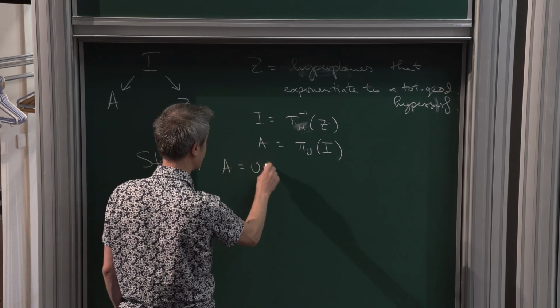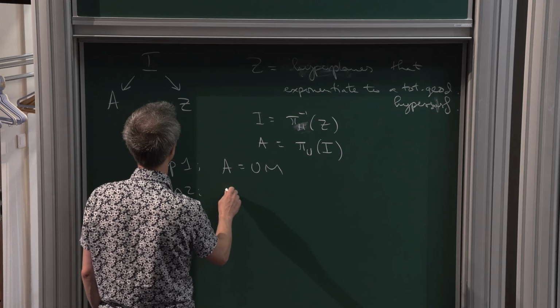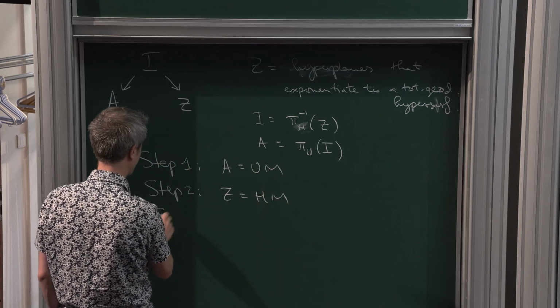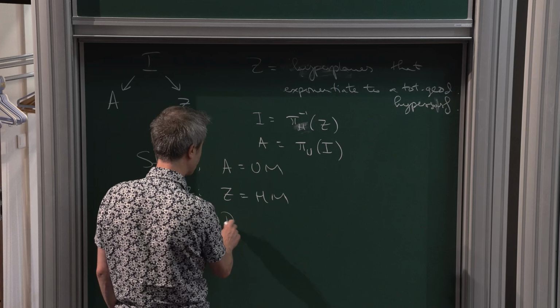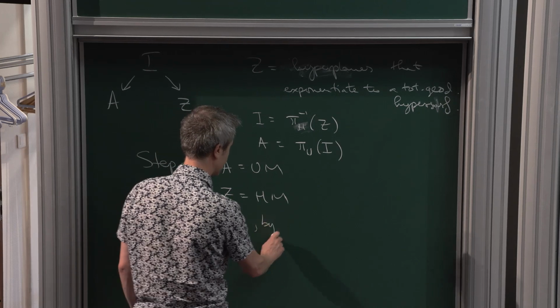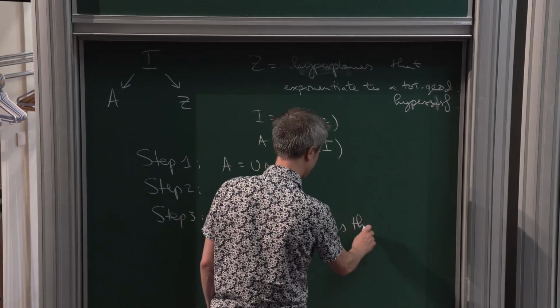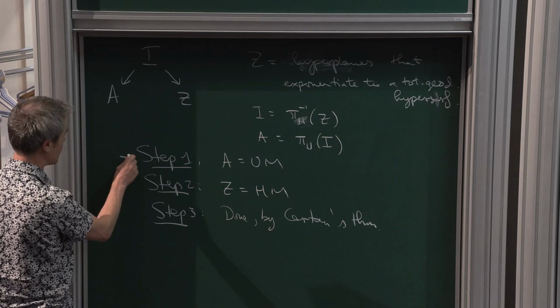Step 1: A is everything. Step 2: Z is everything. And then step 3, we're done by this theorem of Cartan. So we did this last time.